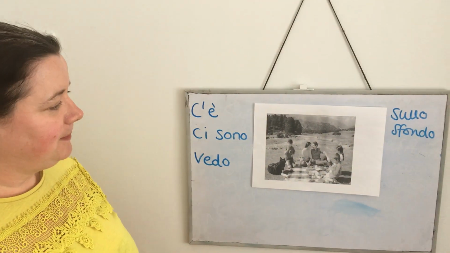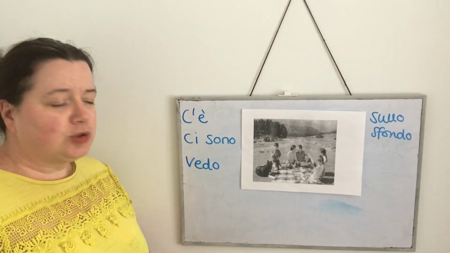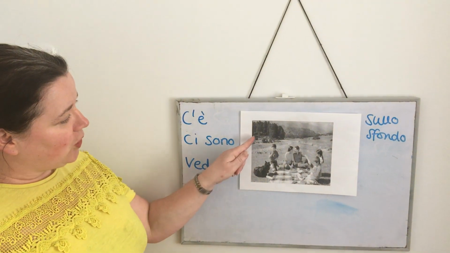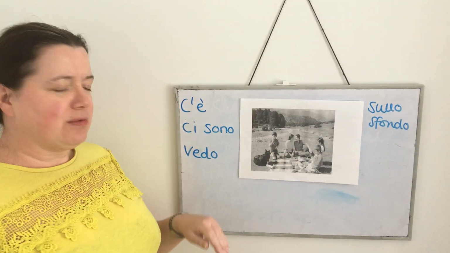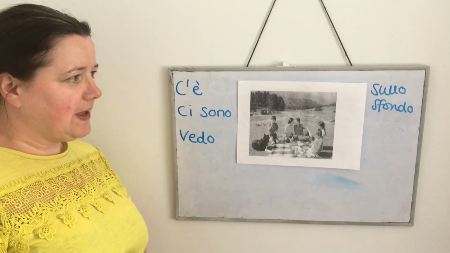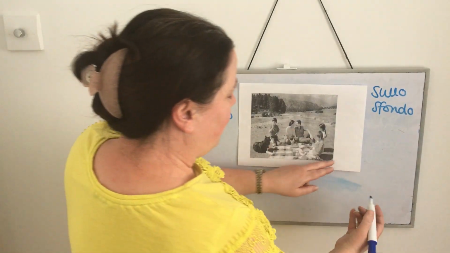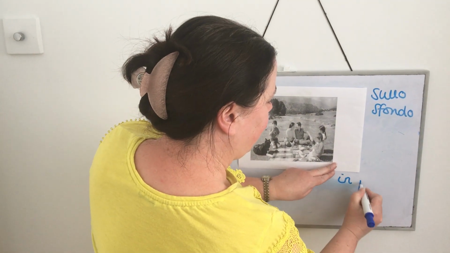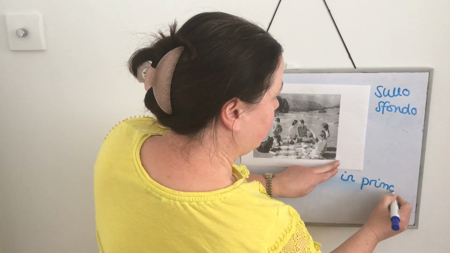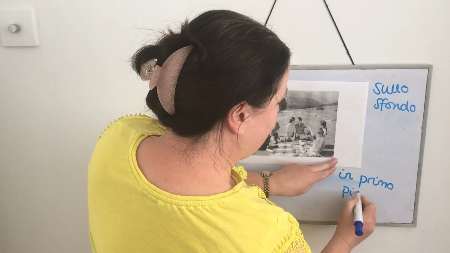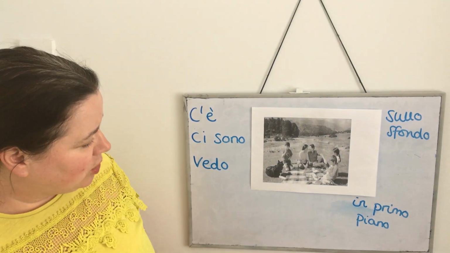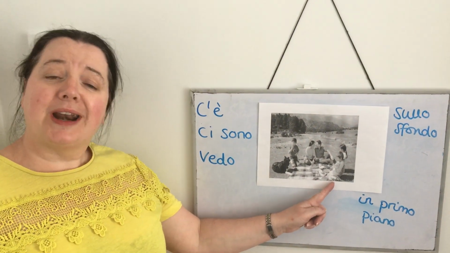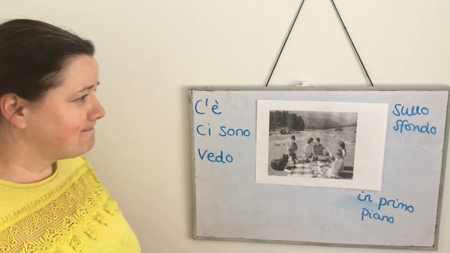So for example, sullo sfondo ci sono degli alberi. So in the background, there are some trees. Okay. In the foreground, in primo piano c'è un ragazzo. Va bene?